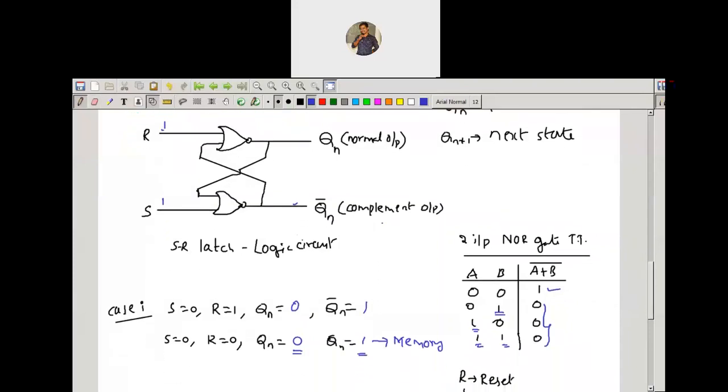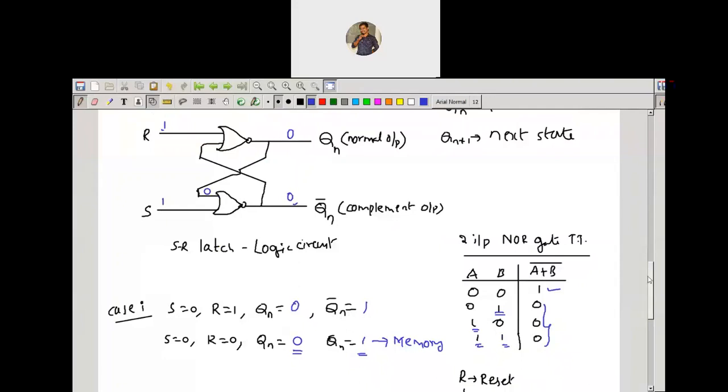Now we can observe for a NOR gate, if any one of the inputs is logic 1, what is the output? The output is going to be 0. Right? That is, you are getting Qn value 0, and the 0 will be put back to here. And again here also you are going to get 0 only.